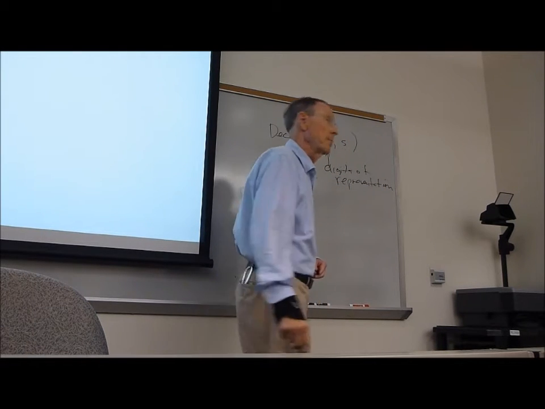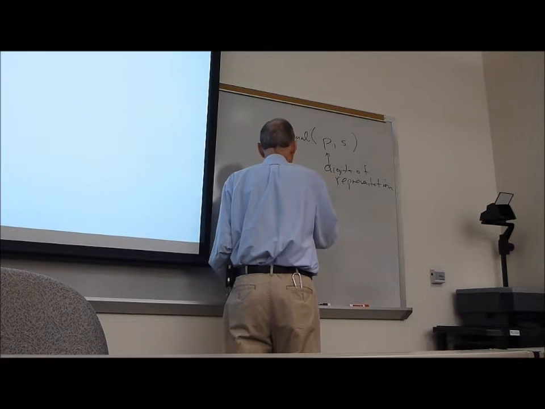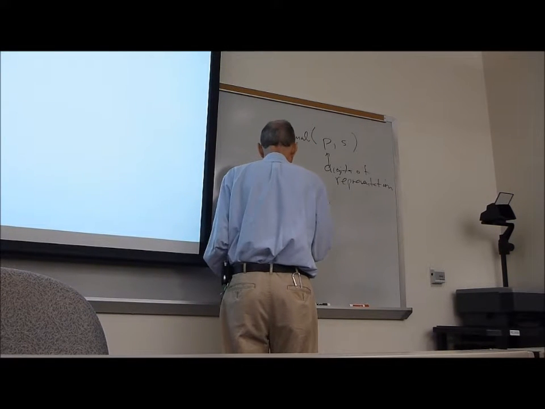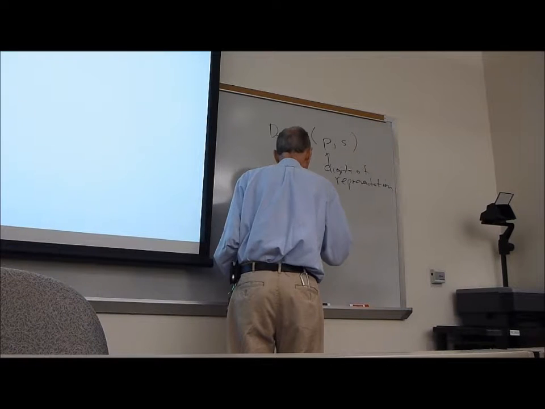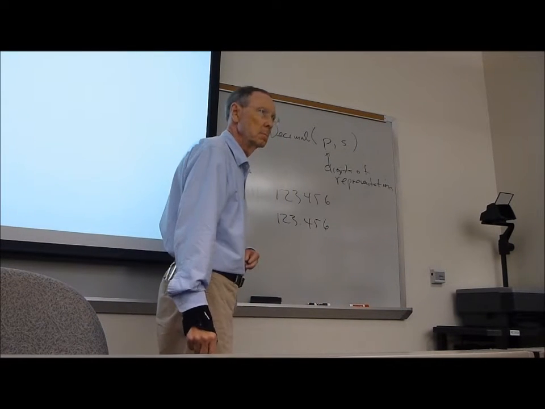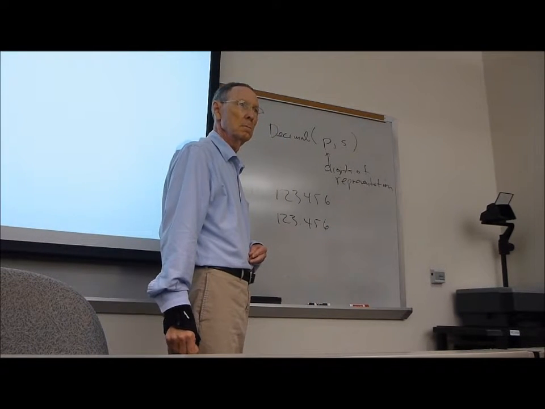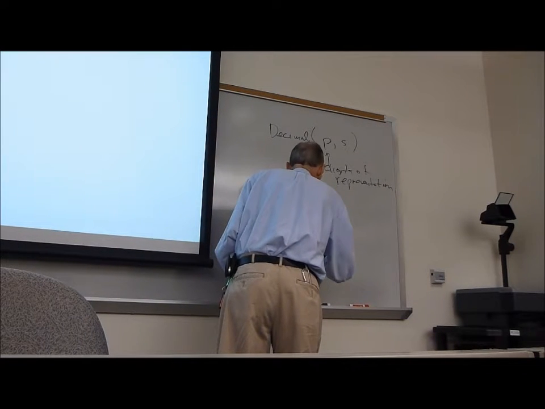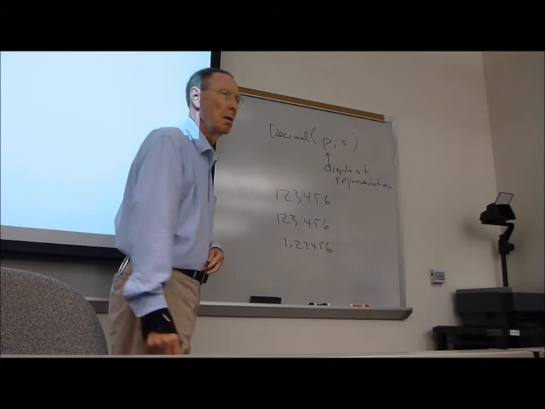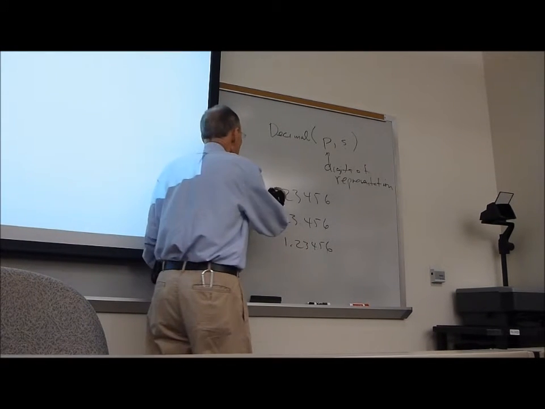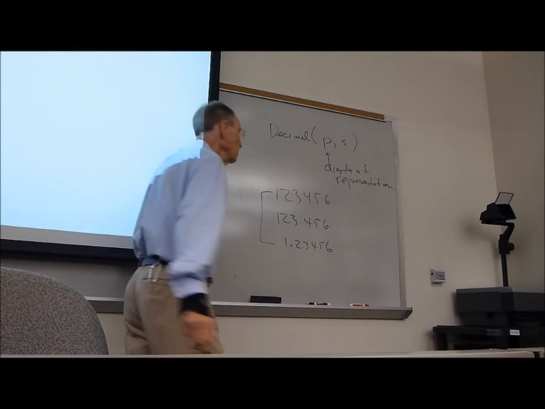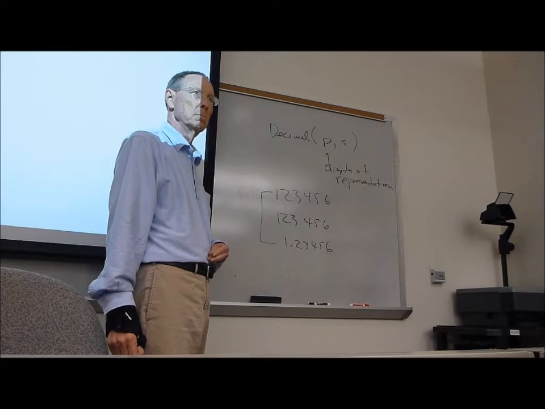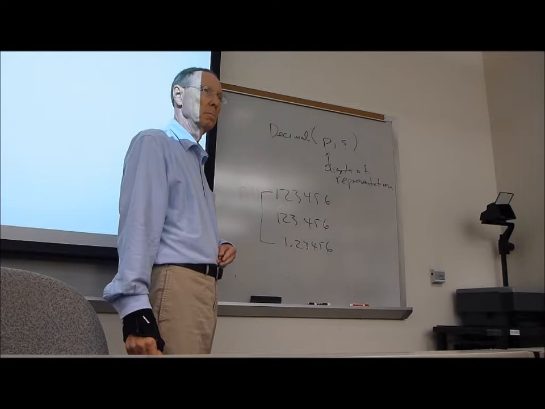I'm going to give you an example. I've got 1, 2, 3, 4, 5, 6. I've got 1.2345. The digits of representation for all of those is 6, because I have 6 digits.